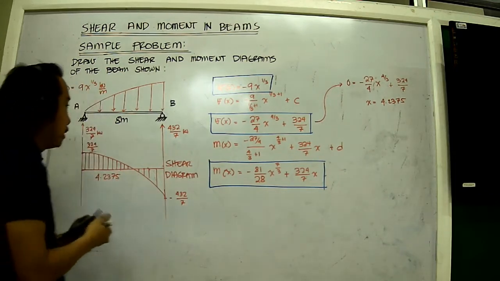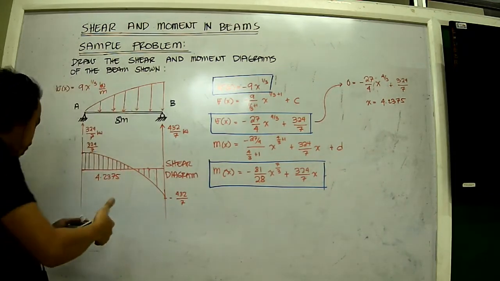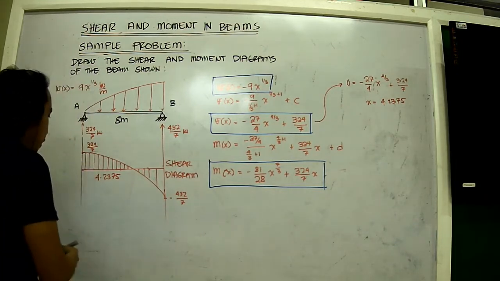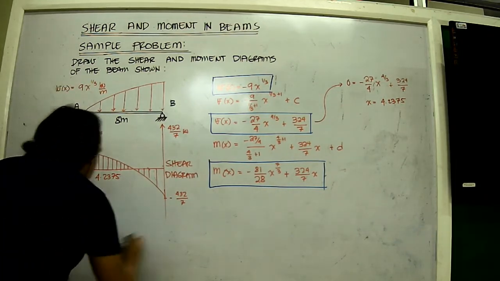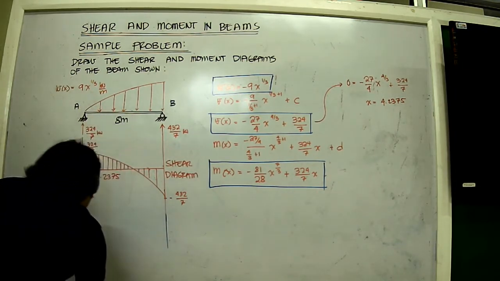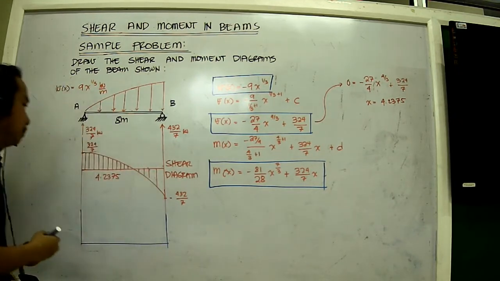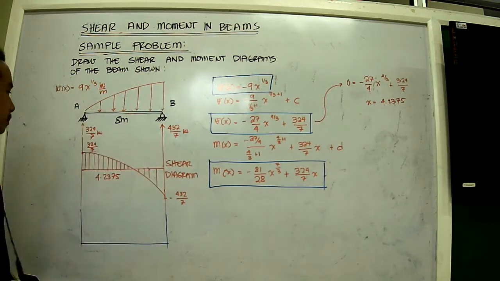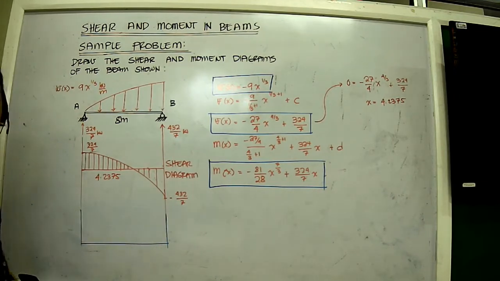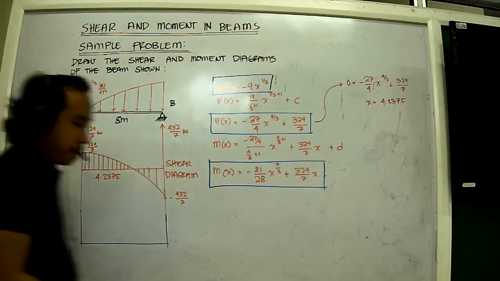Okay? So this is our x-intercept for the shear, which will be where the moment is maximum. So much for the shear diagram. By the way, maximum shear is equal to 432 over 7.